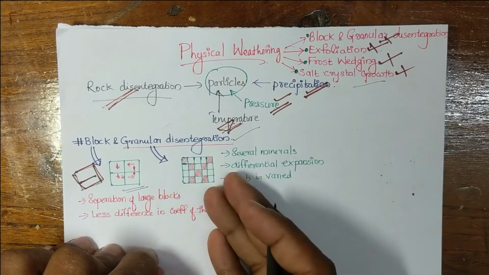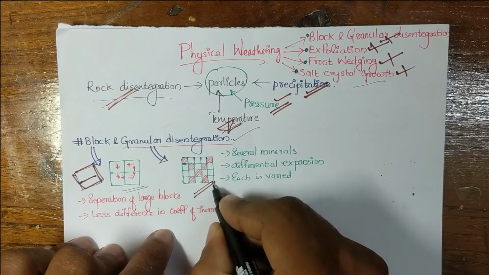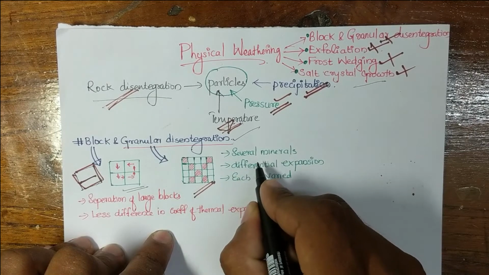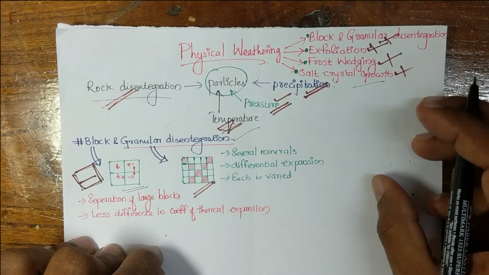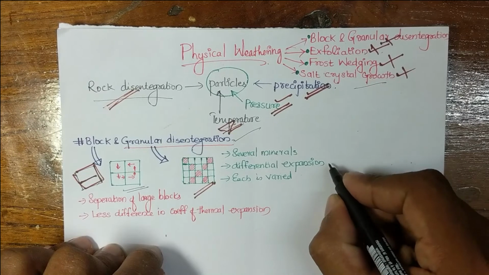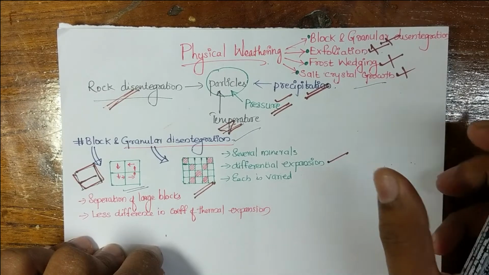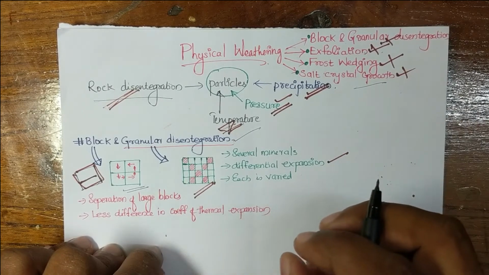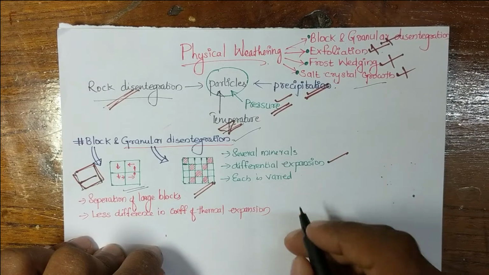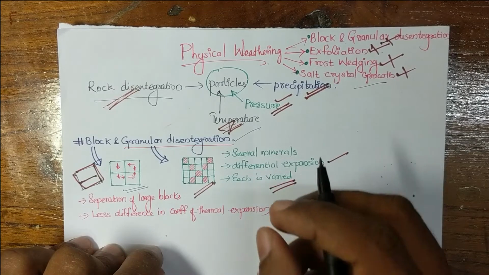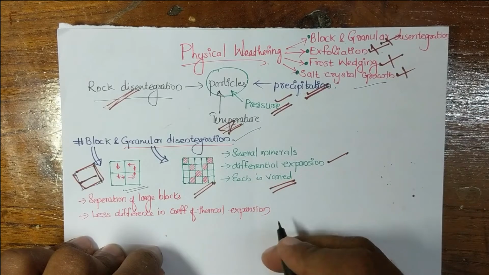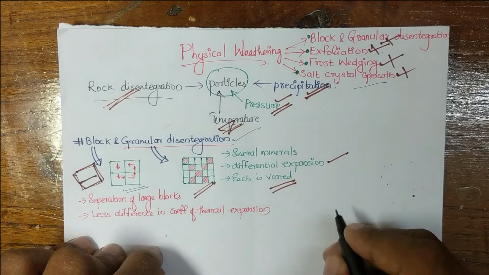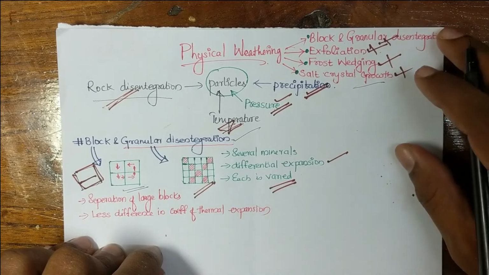When we come to the second type of rock, the availability of minerals is very vast. Each mineral has several properties, so the differential in expansion will be very high. Each property of the mineral will vary, so the disintegration will come in a granular form. This type of disintegration is said to be block and granular disintegration.